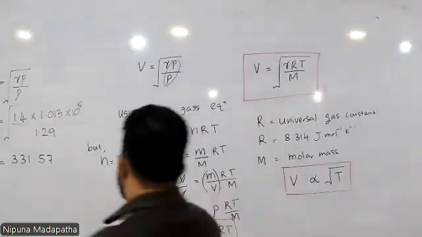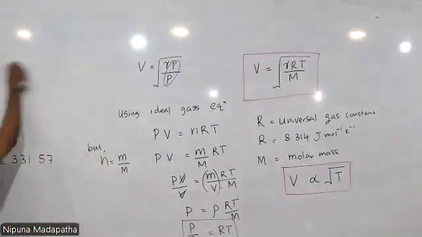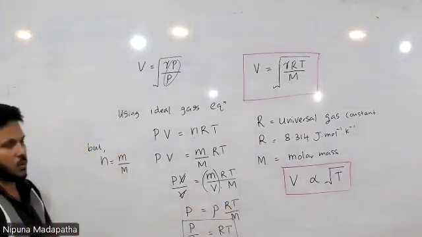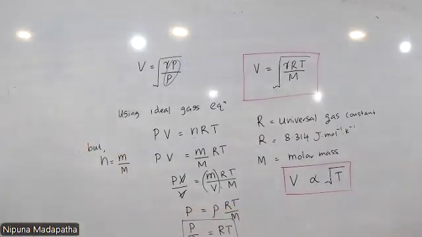Right. So now write this: V is proportional to the square root of the absolute temperature.